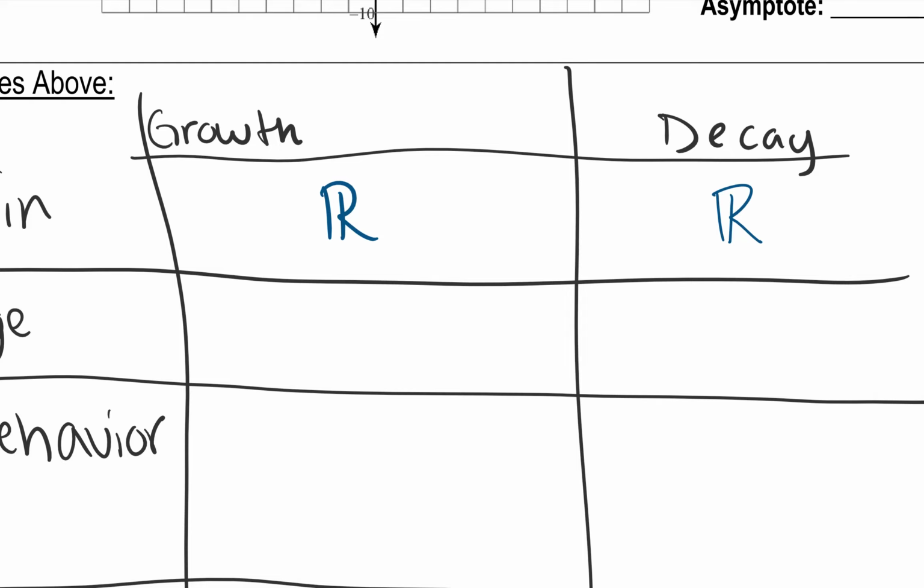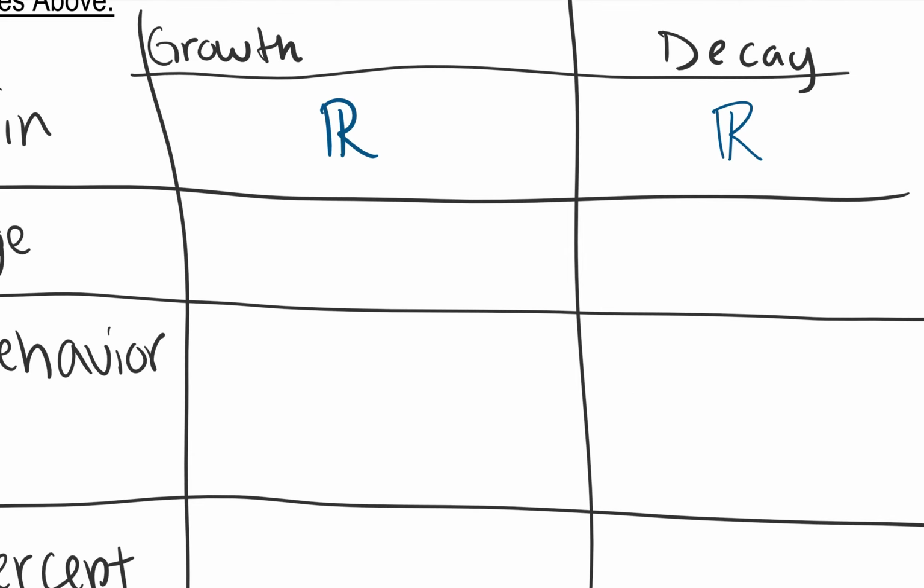So whether I have growth, whether I have decay, it doesn't make a difference. It's always going to be all real numbers. All right. Now, range. Range is always going to be the same type of answer, not necessarily the same number. So my range is always going to be y is greater than k, whatever k is. My decay, y is greater than k. All right.